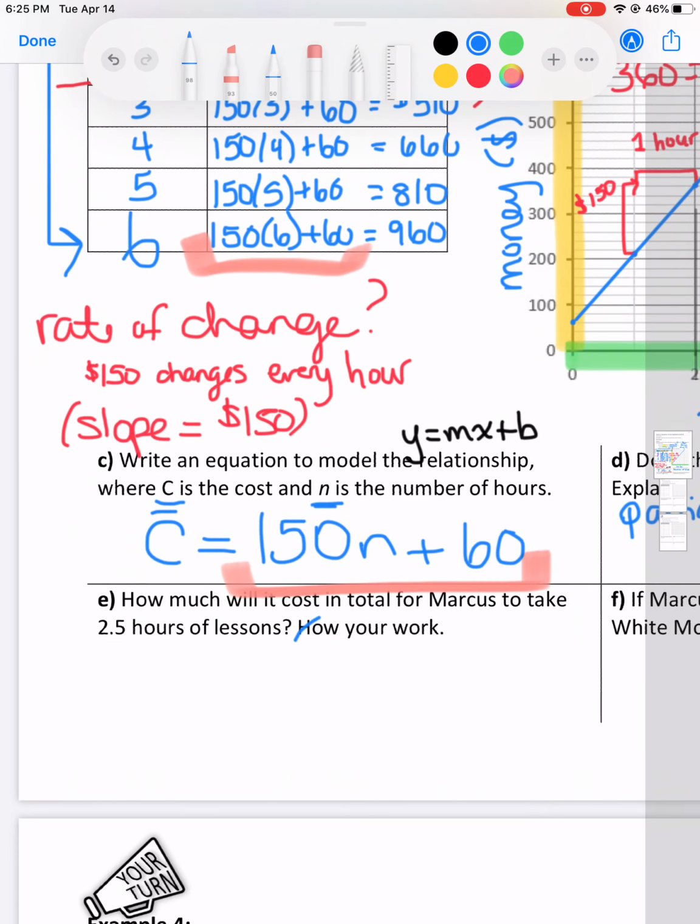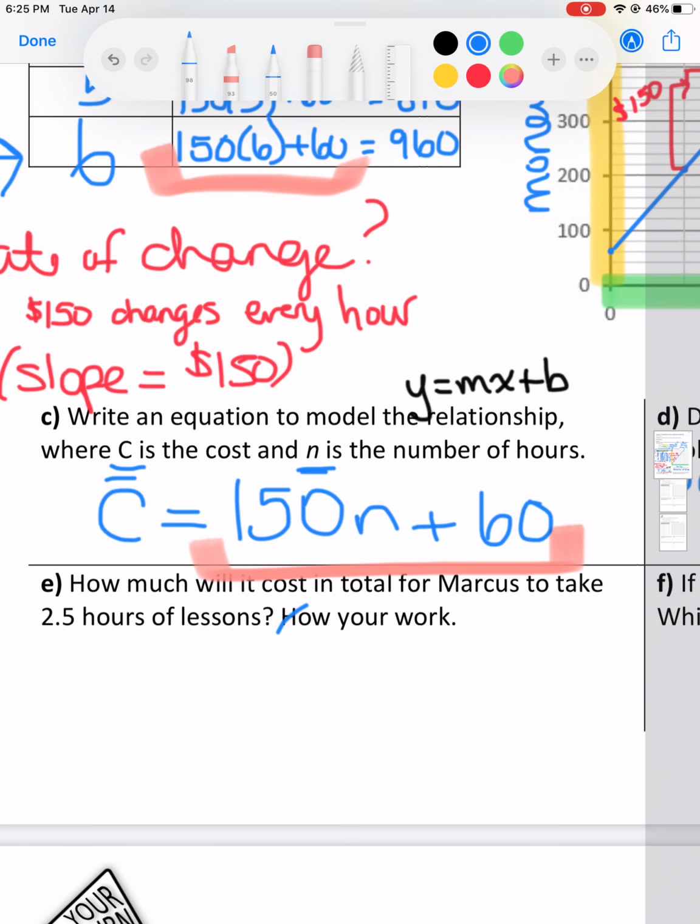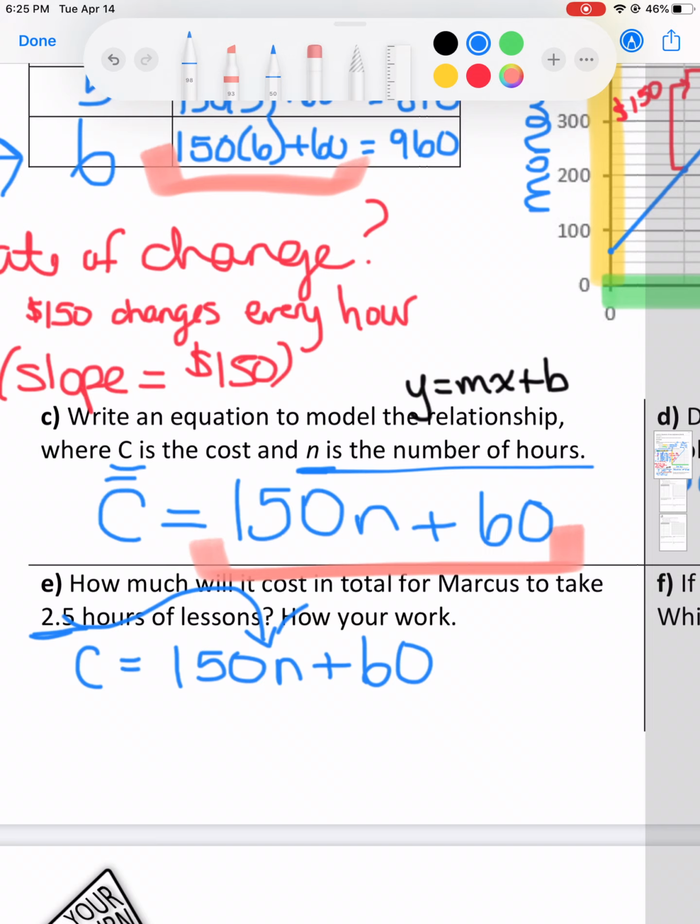So let's get our equation. 2.5 represents time, and time goes into n, because in this case, n is the number of hours.